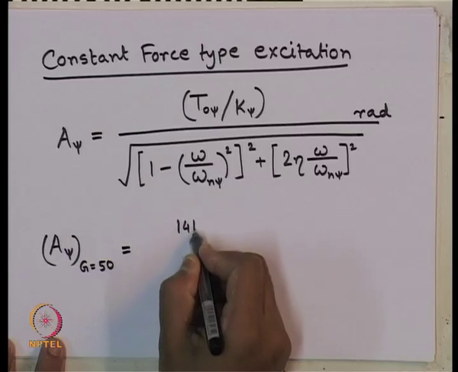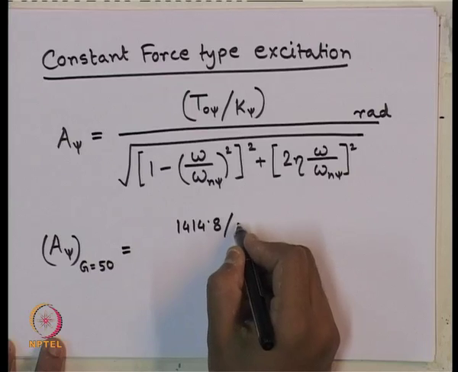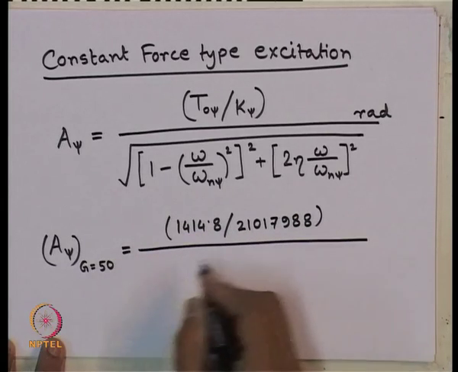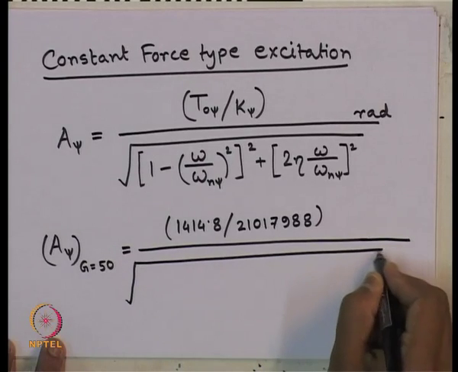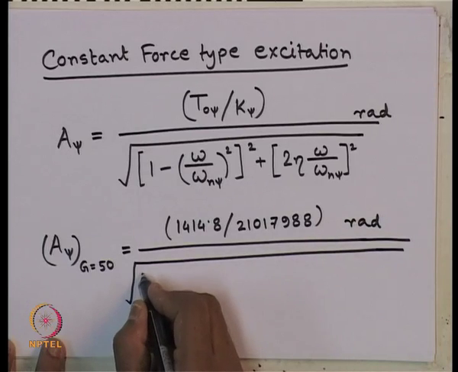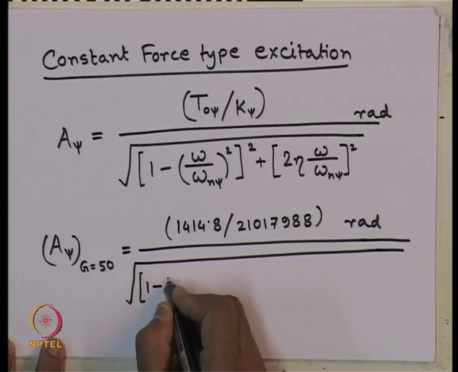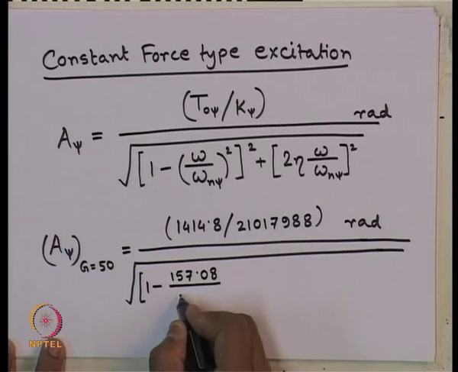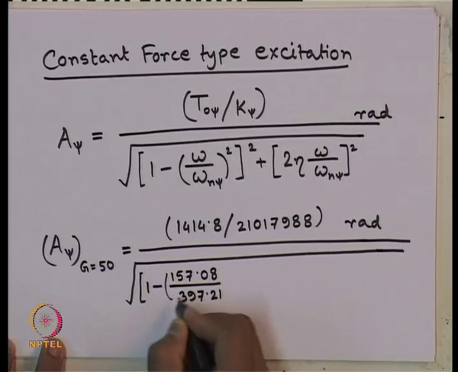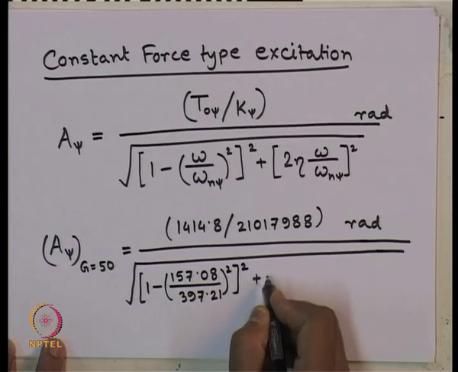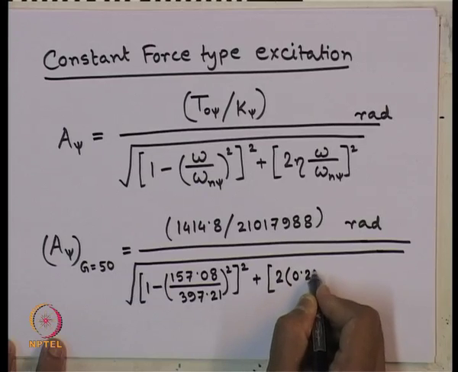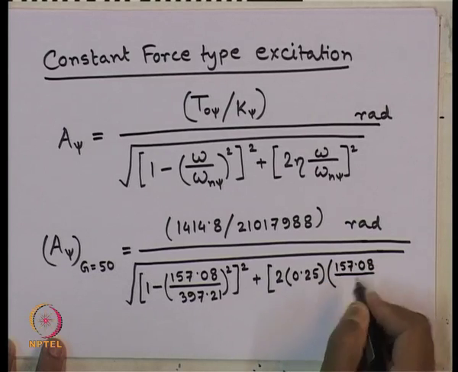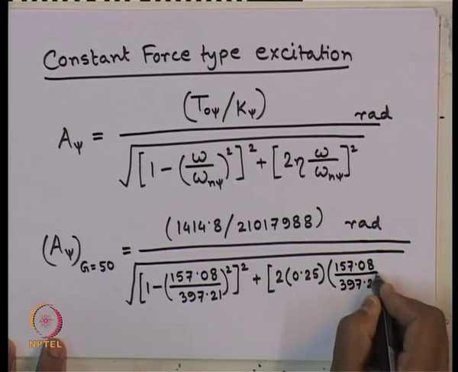This value is 1414.8 by k psi, which is 2101.7988, divided by root over 1 minus omega, which is 157.08 by omega n psi for G equals 50, we obtained as 397.21, whole square, that square, plus 2 into damping ratio 0.25 times 157.08 by 397.21, that whole square.